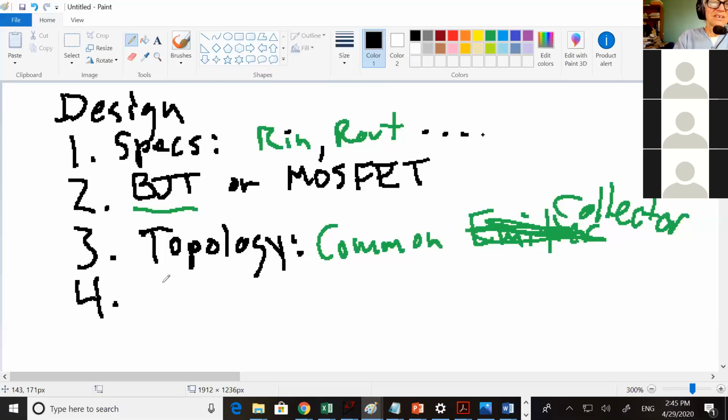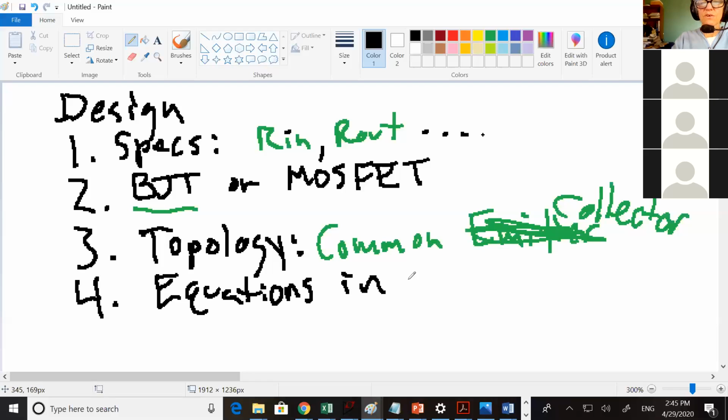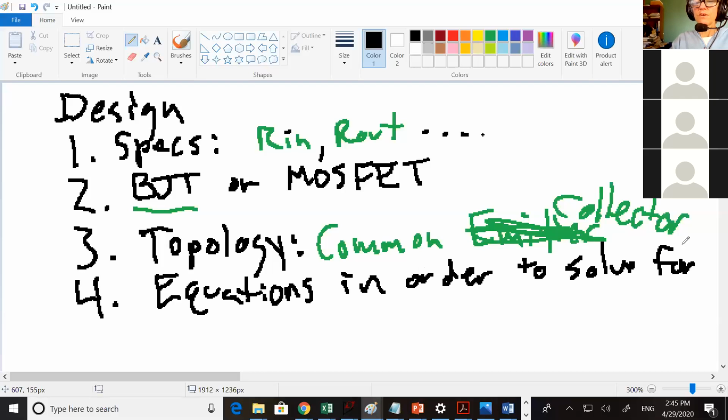Current, yes. So from here, you have to find the equations in order to solve for current first, and then resistors, whatever else might be needed. So what equations do you need to find?